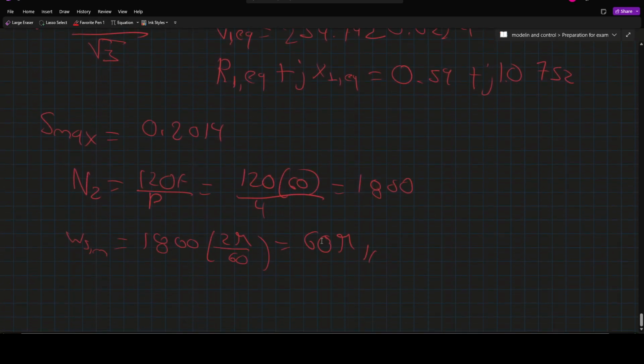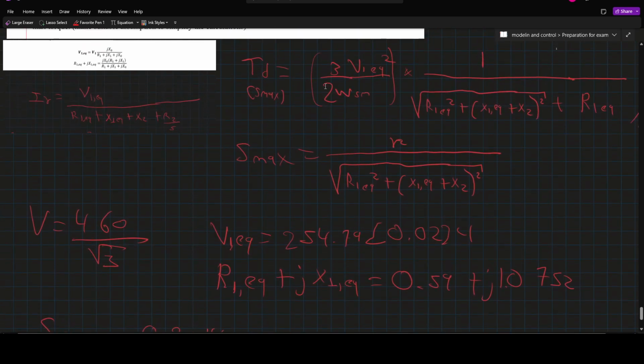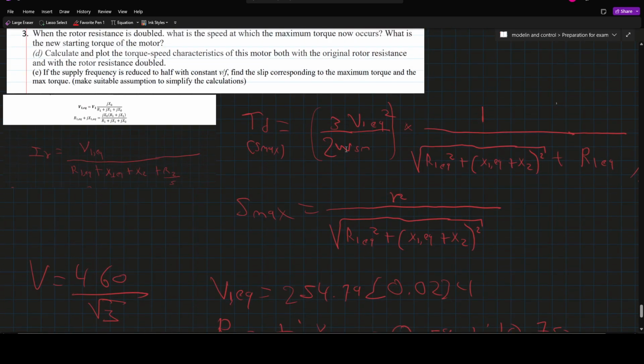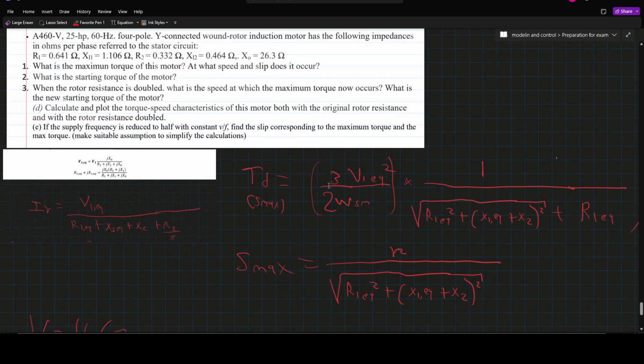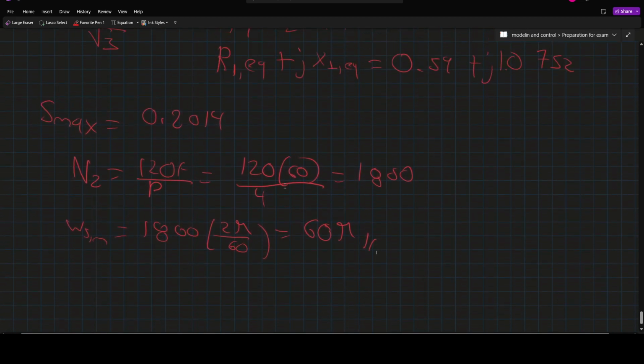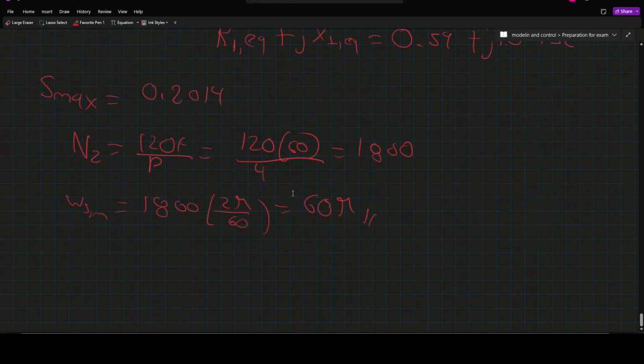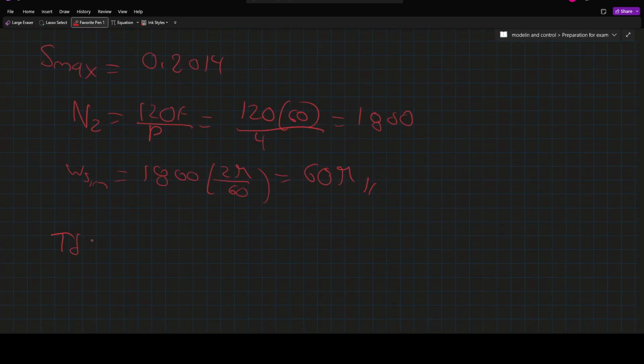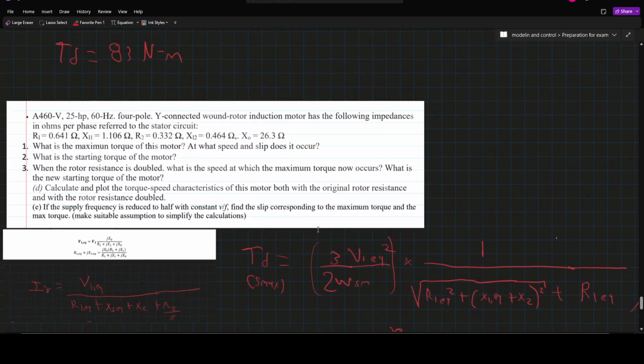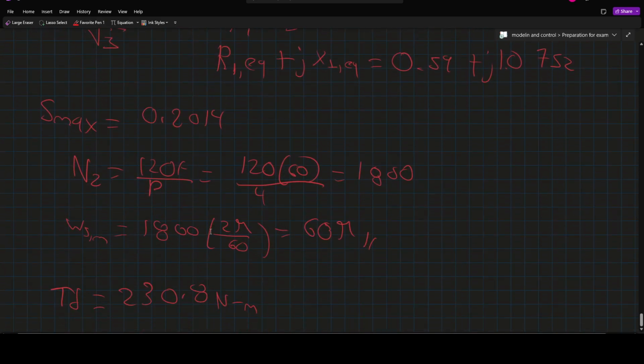We need this for our synchronous speed, which we plug into our formula for maximum torque. When we plug these values into our formula, we get 230.8 newton meters. Because we are given almost all the values, we only needed to figure out the synchronous speed, but not in RPM.